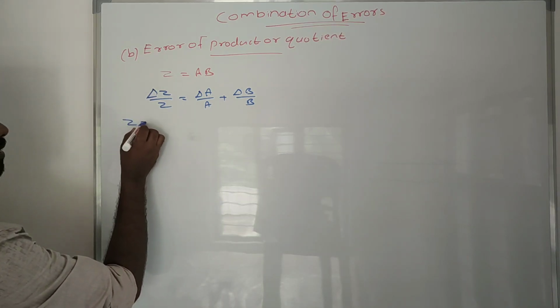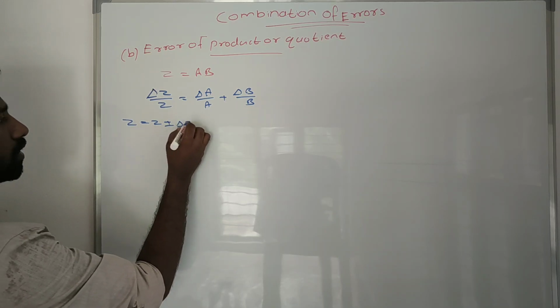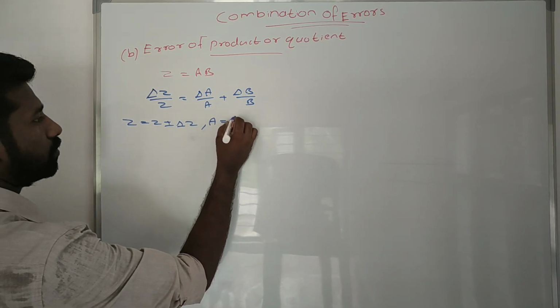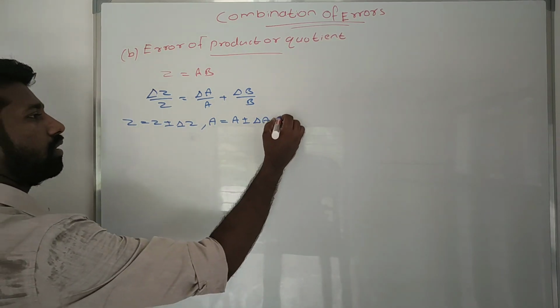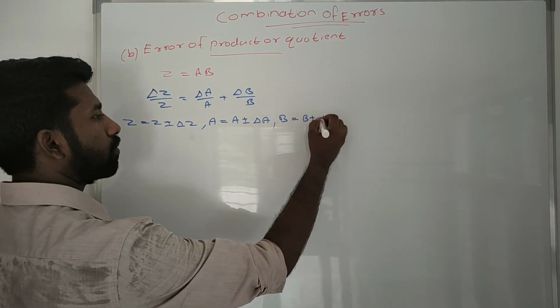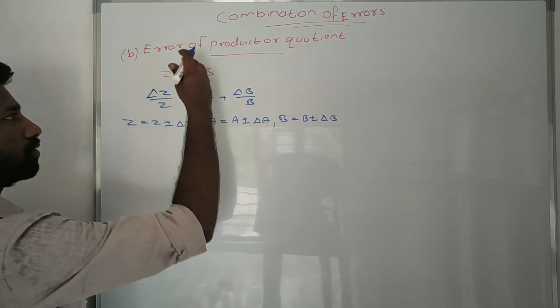We have taken Z as Z plus or minus delta Z, A as A plus or minus delta A, and B as B plus or minus delta B. These values we substitute here.